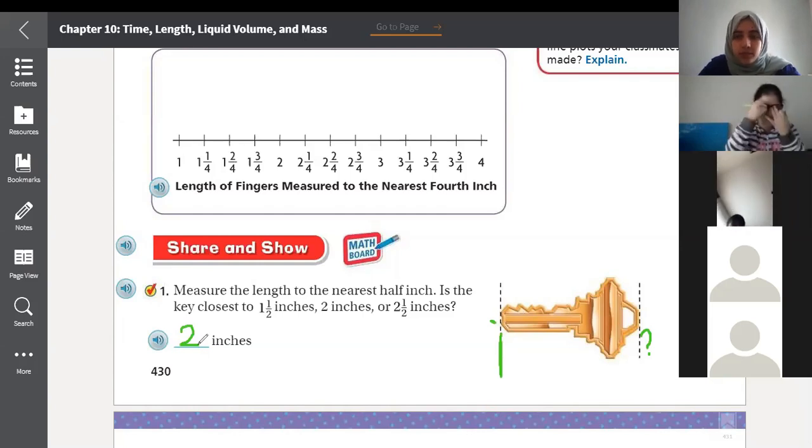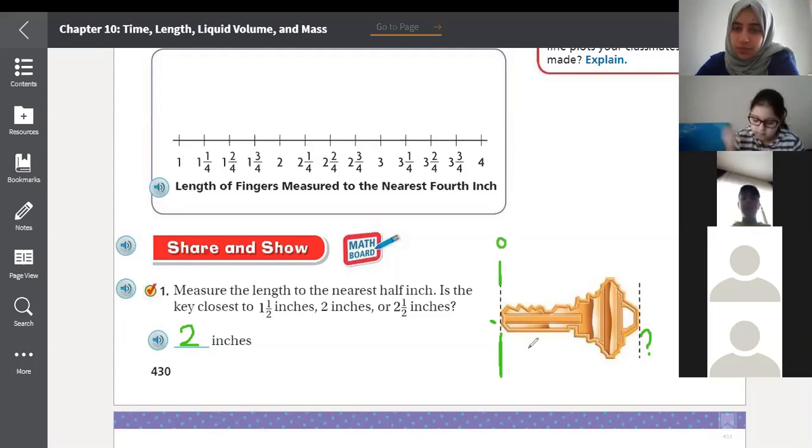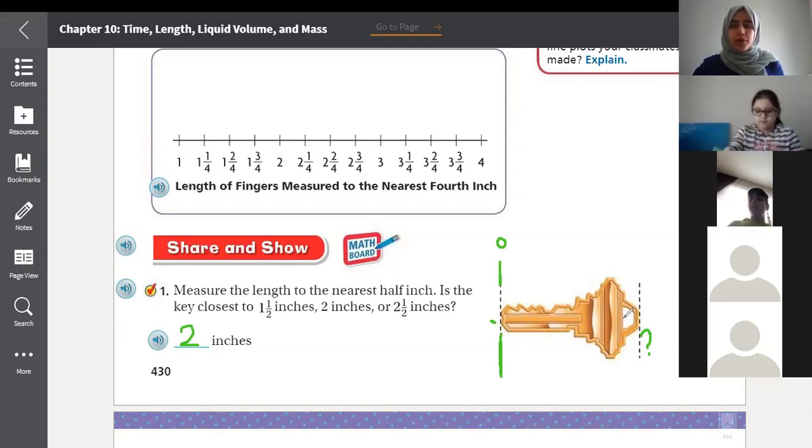So when you use the inches side, what is it closer to? 2. And you started at 0 on this side, right? Yes. Okay, so you have a similar answer. That's a good sign.